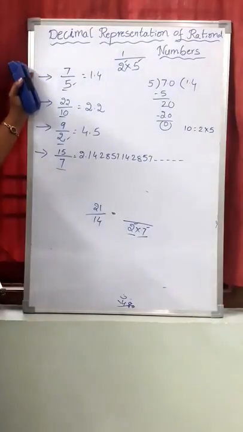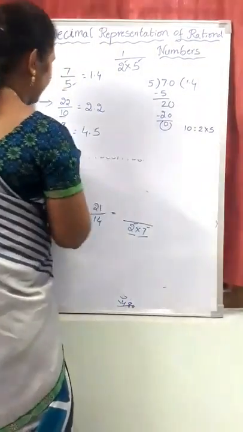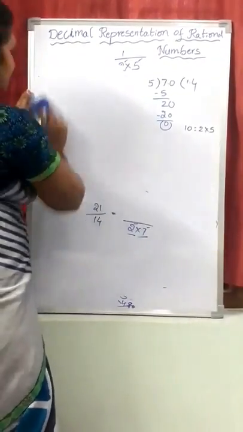If the denominator has other prime factors except 2 and 5, then those are non-terminating recurring decimals. For these non-terminating recurring decimals, some of the digits will be repeated.